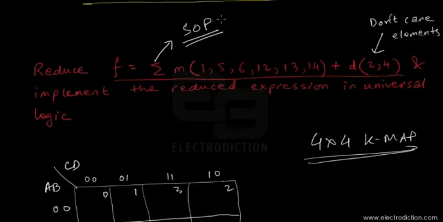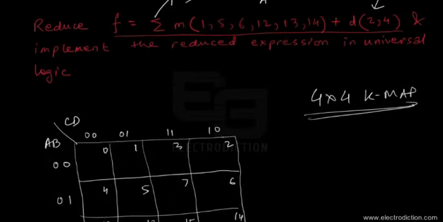Whenever we have a sum of products function, a complementary quantity is represented with a 0, and a non-complementary quantity is represented with the symbol 1. If we have A and it's a non-complementary quantity, we'll use a 1 to represent A if it is present in the function. Otherwise, if we have a bar present in the function, we designate that with the symbol 0. With that said, we could go straight to the K-map.